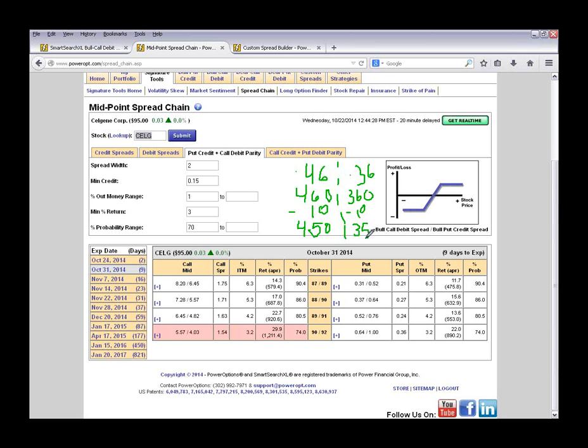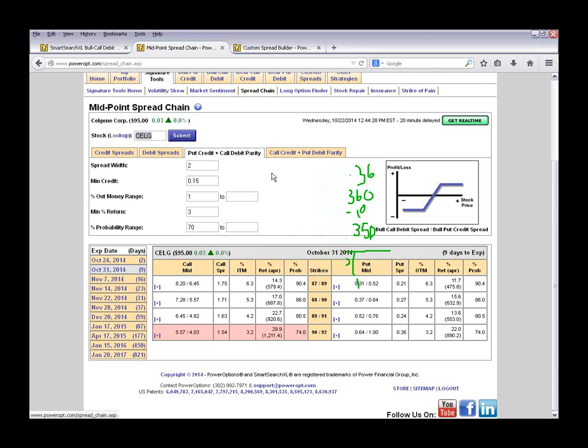And then, of course, if we have to close the debit spread, and our commissions again are $10 to close that, we're still at $450 to $350, so it's still more advantageous monetarily to enter the debit spread as opposed to the credit spread. So that's how we evaluate the parity view.